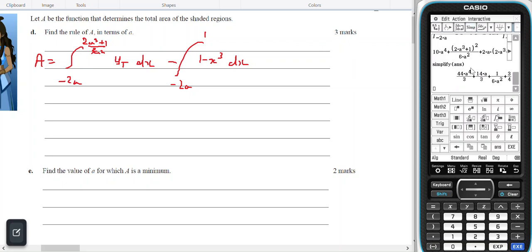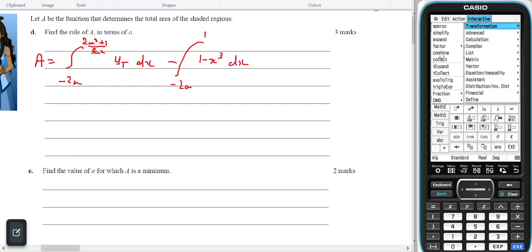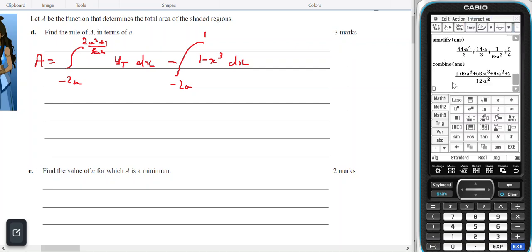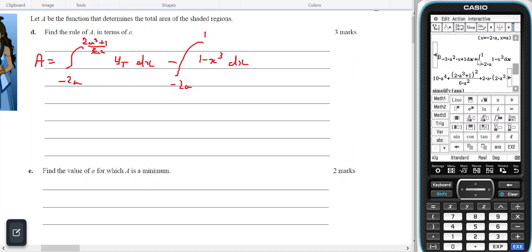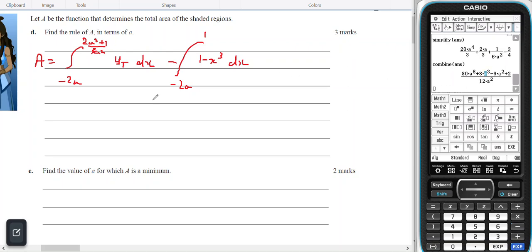And if I simplify that expression, and maybe if I take the answer and I combine it all together, that gives me that expression. And of course, I don't want to combine them. I wish to minus the white bit, which gives me this expression.